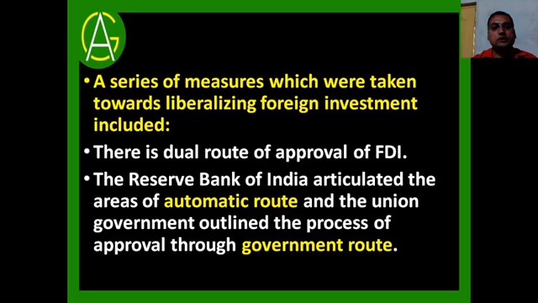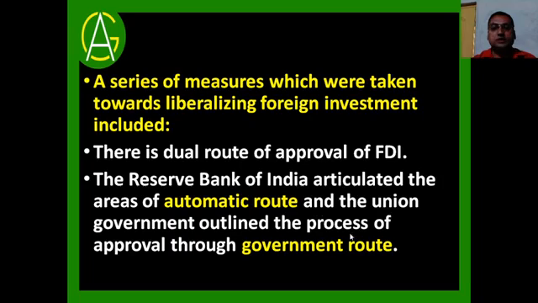One route is considered as automatic route. Certain businesses that are not very much critical, these businesses are allowed to have foreign direct investment without getting any kind of permission from the government. So if you want to invest in that kind of business, you do not require any government approval.